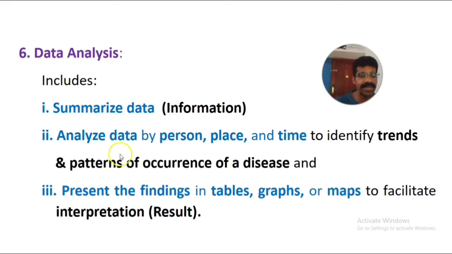So summarize the data, then analyze it by person, place and time, to identify any trends or changing cycles of the disease prevalent in that particular community, or the pattern of occurrence of the disease in a specific age group or specific sex. Some diseases are common. That pattern of occurrence of disease can be found by analyzing the data by person, place and time.